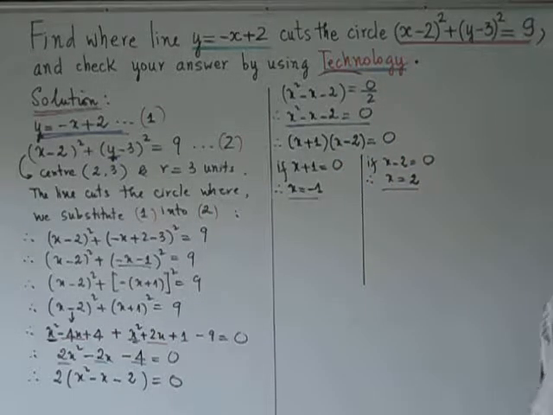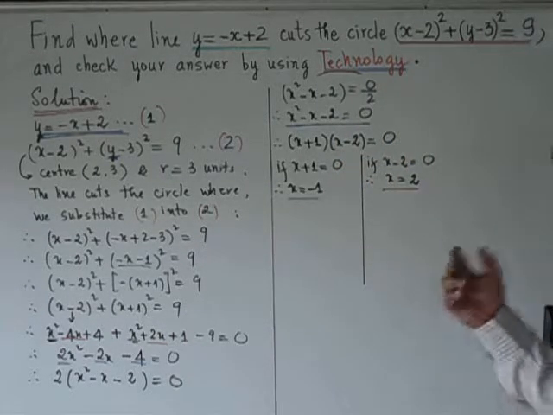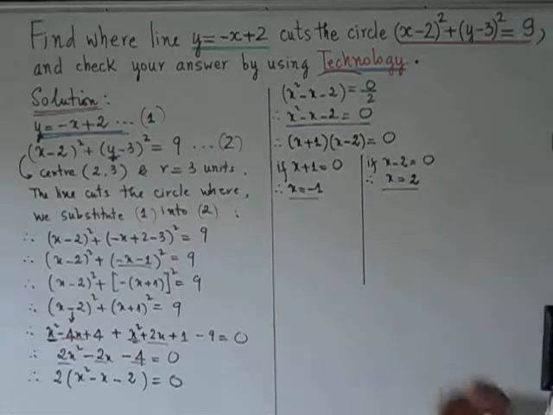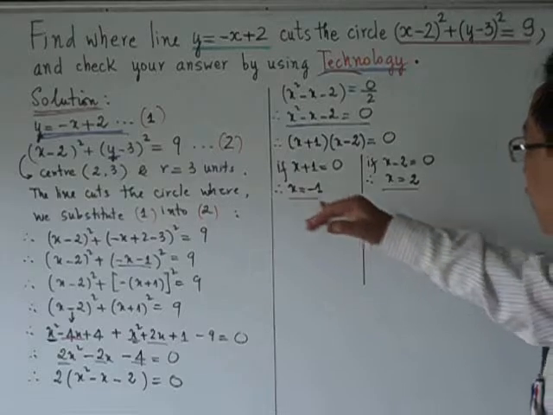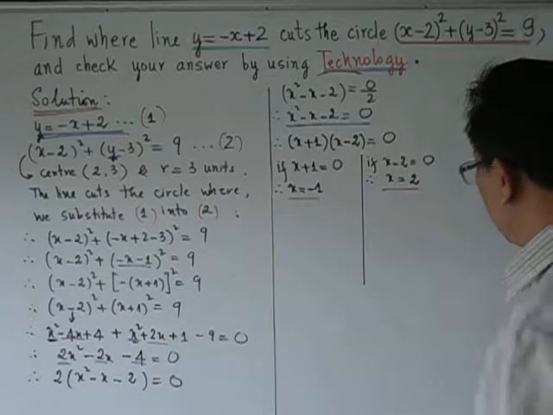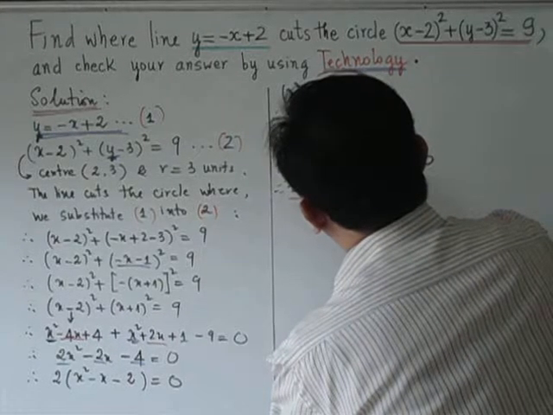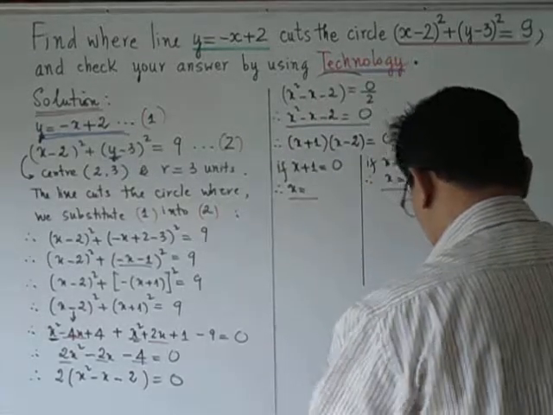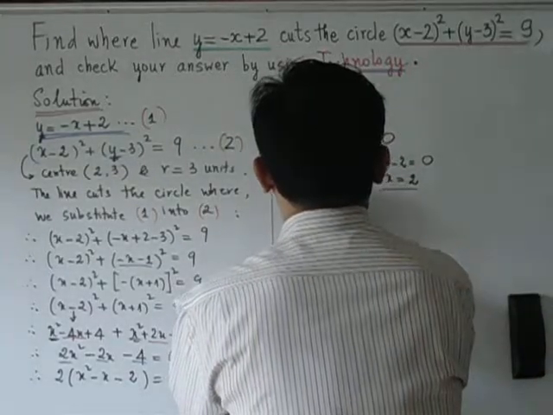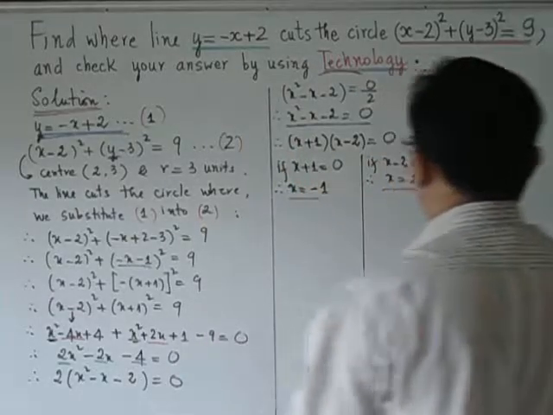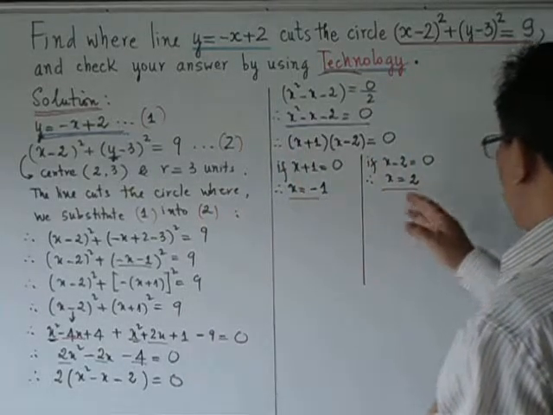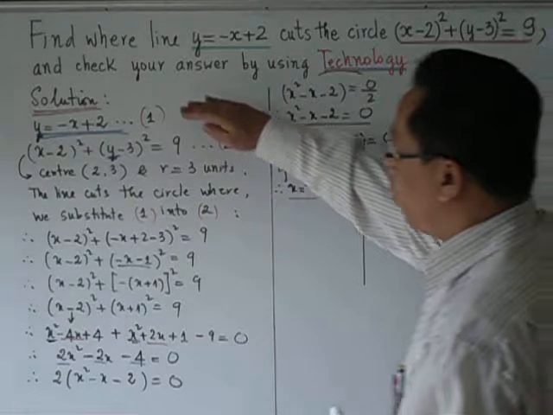Now, in order to find the y-coordinate of the point where the line cuts the circle, we have to substitute x equals minus 1 or x equals 2 into equation 1.